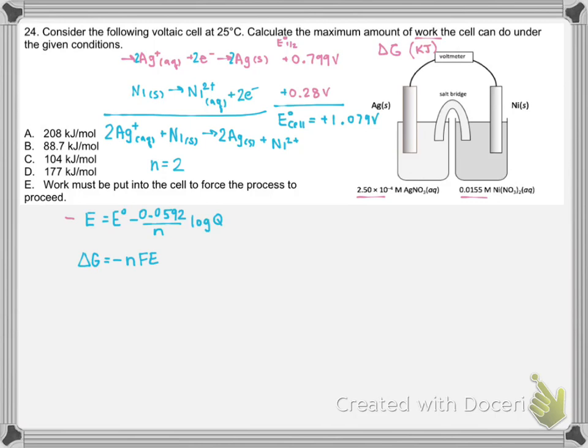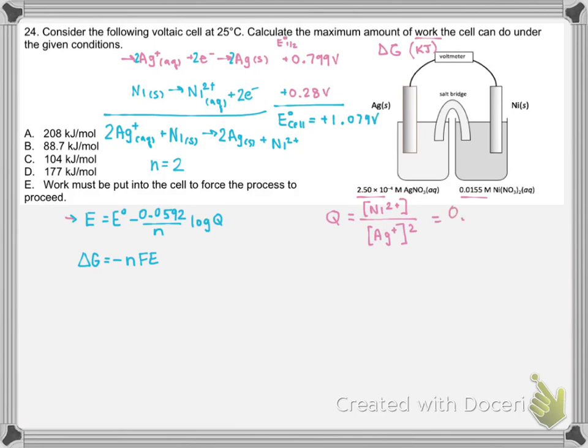Now we have a lot of the stuff that we need for this equation, but we still need to figure out what Q is given these concentrations. From my overall reaction, I know that Q is equal to the concentration of aqueous nickel ions divided by the concentration of aqueous silver ions squared.